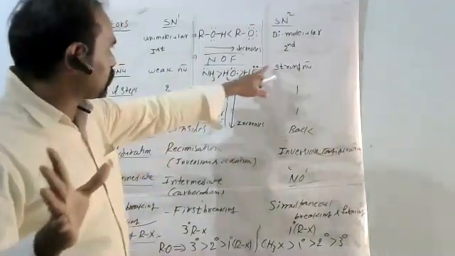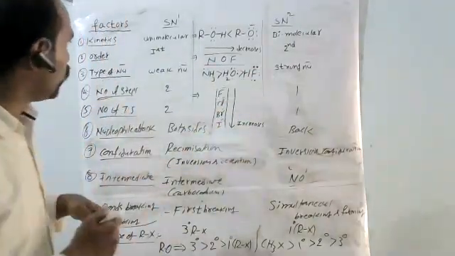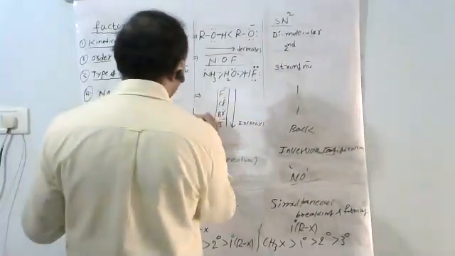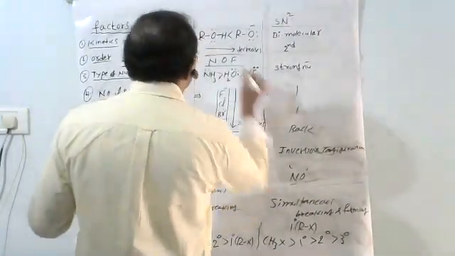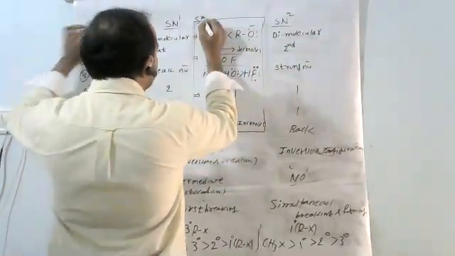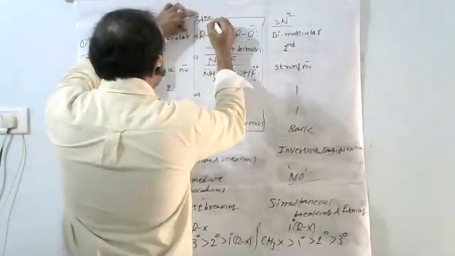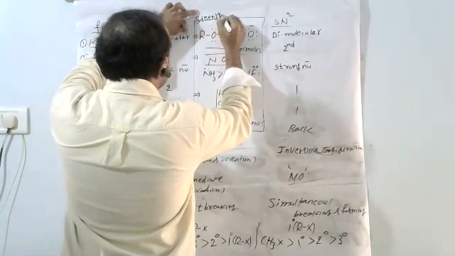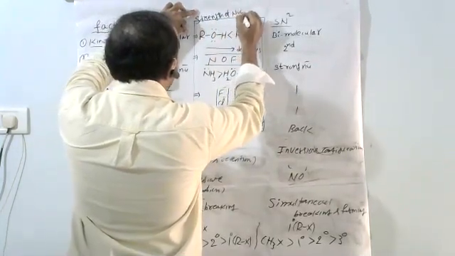So here, generally strong nucleophile, here weak nucleophile. This is the strength of nucleophiles.